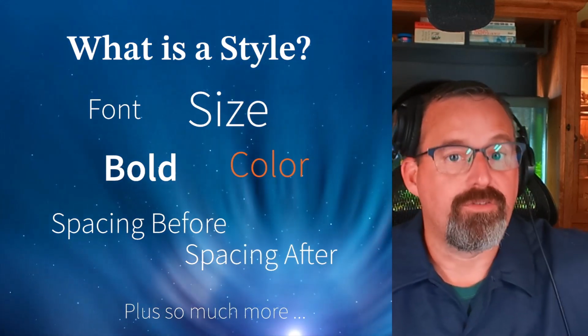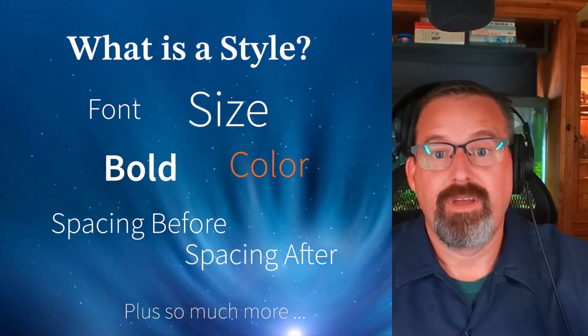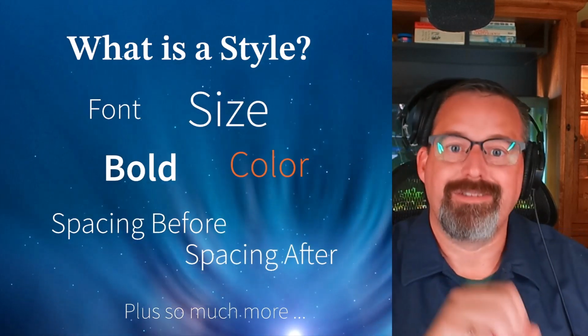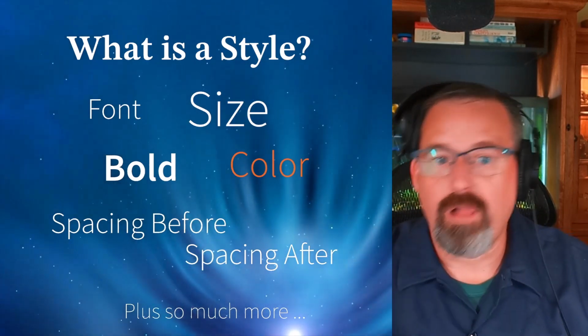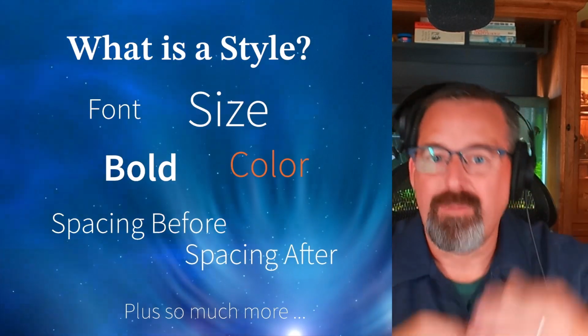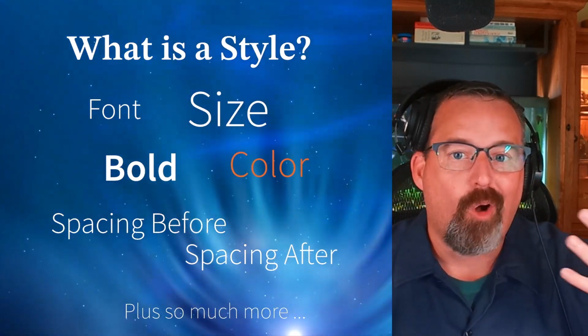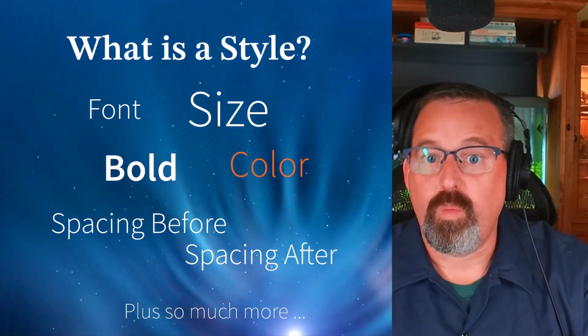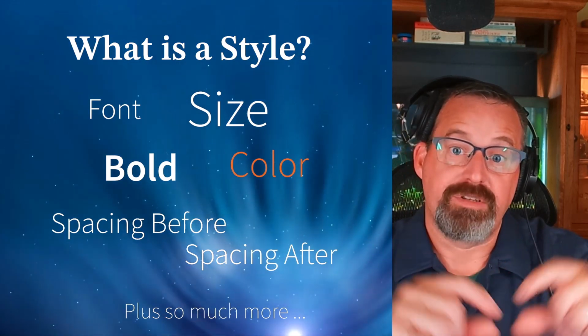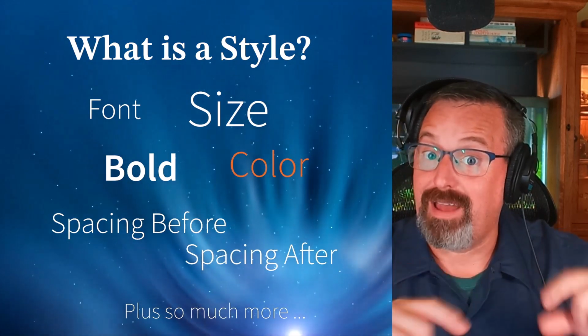What fonts are used? What size is the text? Is it bold? Is it italicized? Is it underlined? What colors? How much spacing is before? How much spacing is after? All the different formatting options we can assign to a specific style will then allow us, at a mouse click, to apply it within a document.